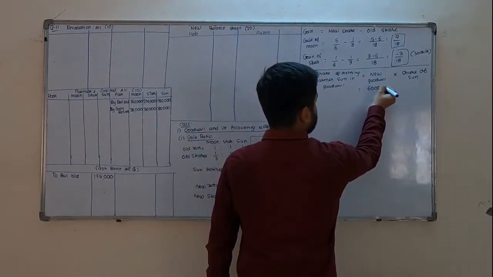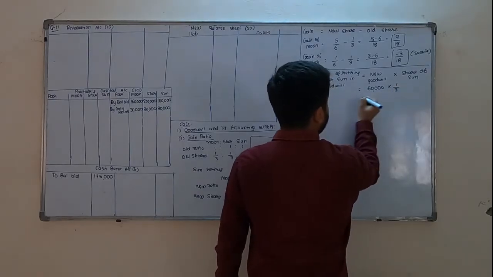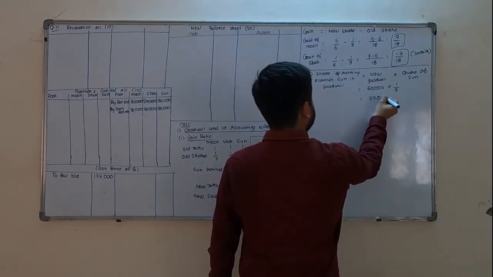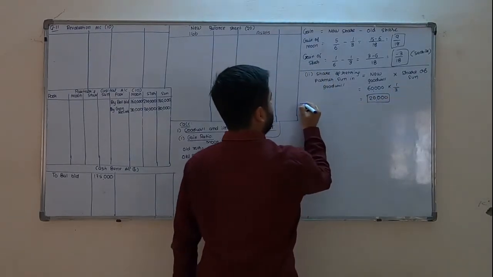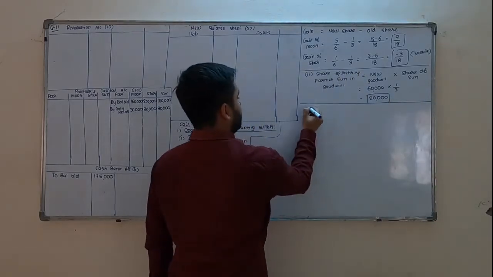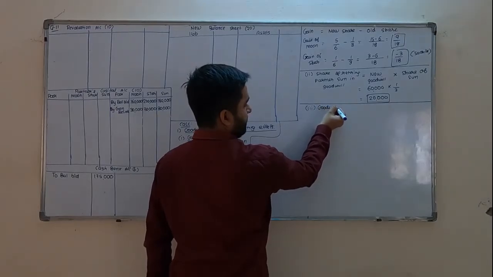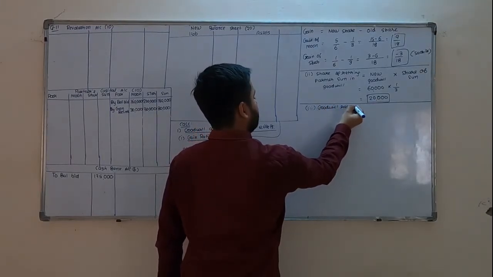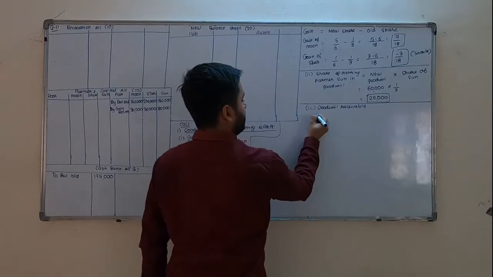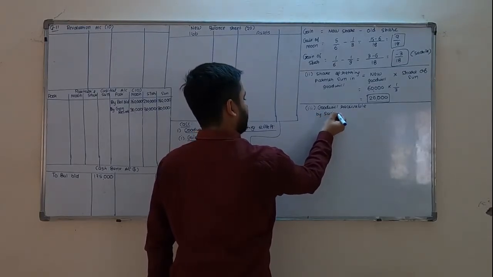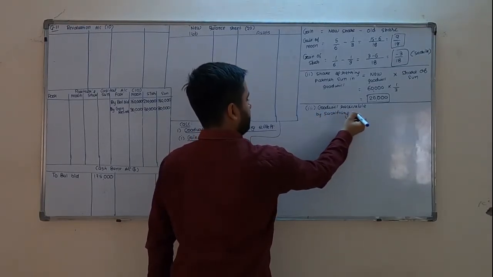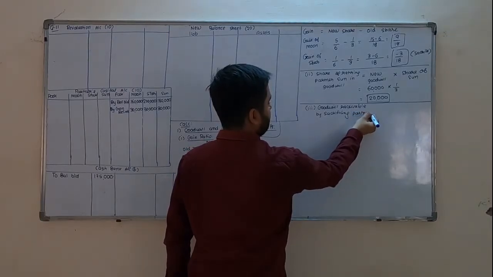So 60,000 into 1/3 is 20,000. Okay. Now third necessary calculation. Goodwill receivable by sacrificing partner.